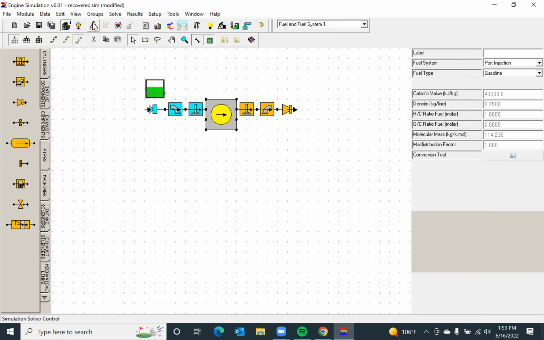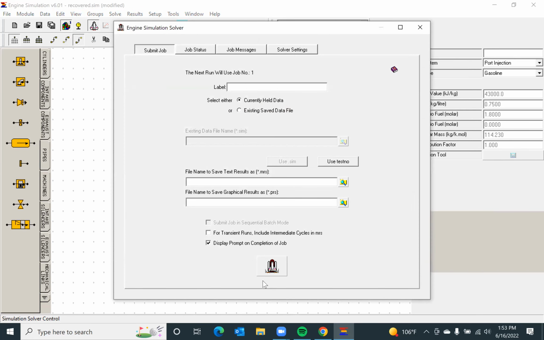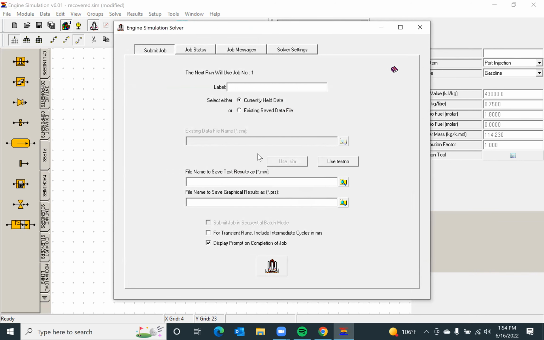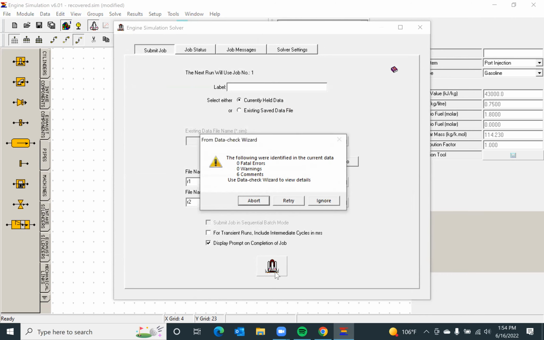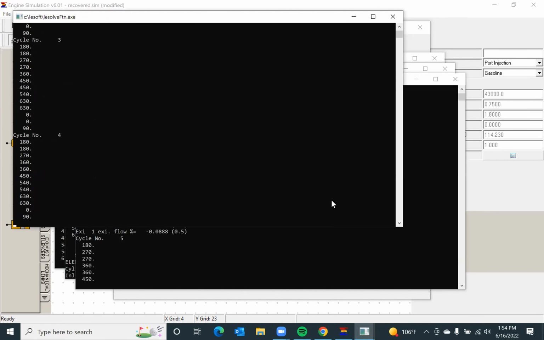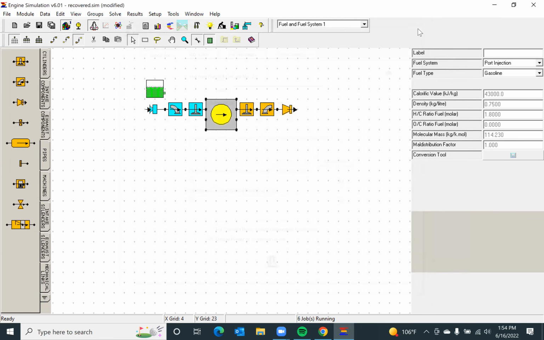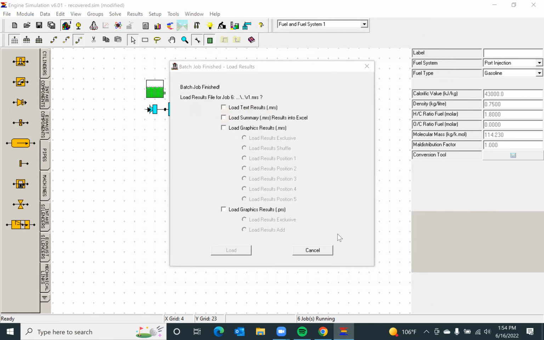And at this point, you can design an MRS file. So R1, R2, and then it will run, and then you can see the results.